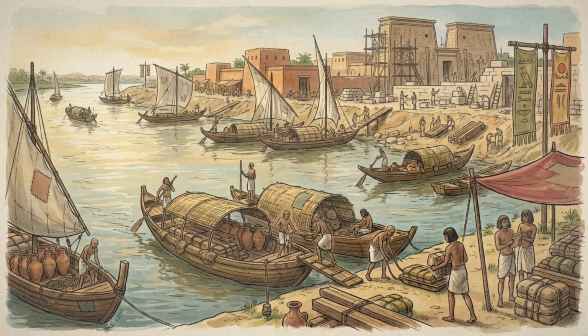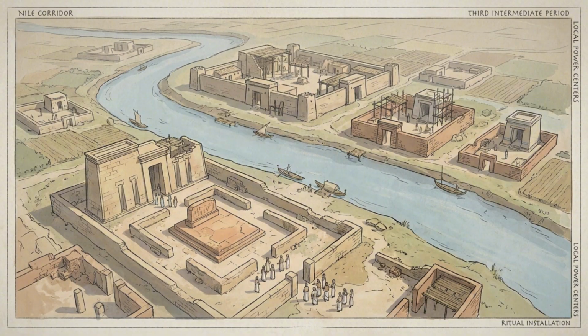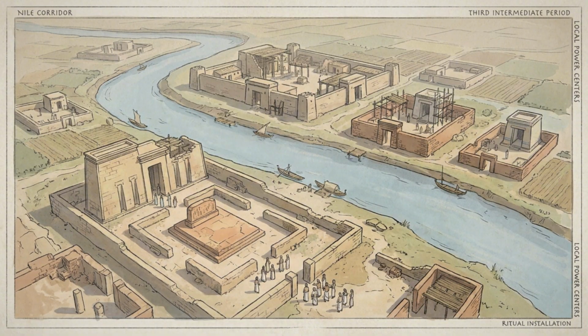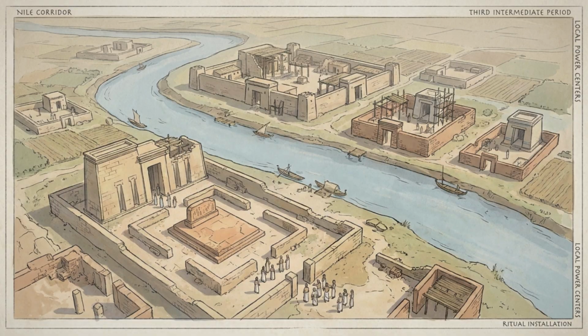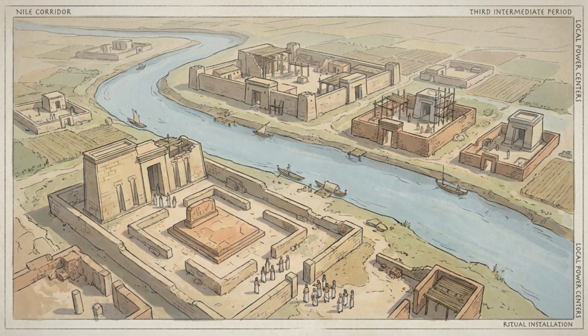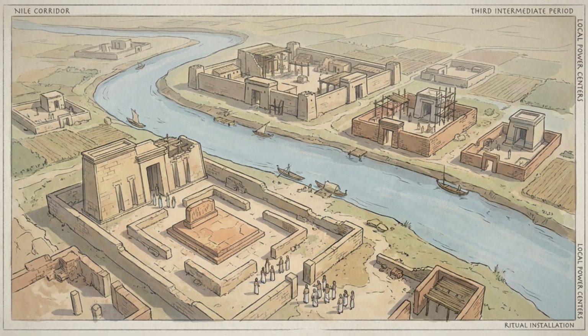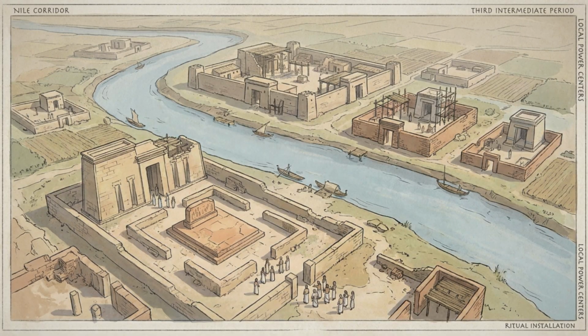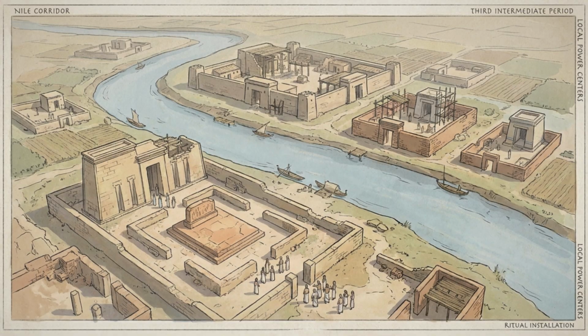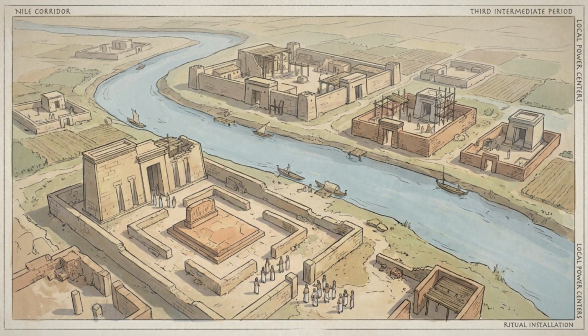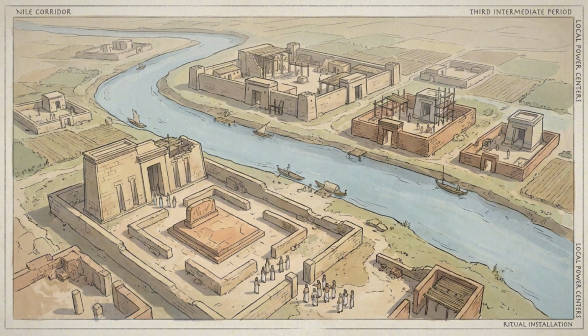In the later first millennium BCE, Egypt was increasingly entangled with powers beyond its traditional borders. Political control changed hands more than once, and foreign rulers became part of Egyptian political history. These transitions matter, but they do not need to become a sequence of invasions or battles here.